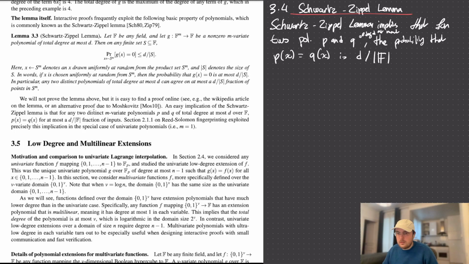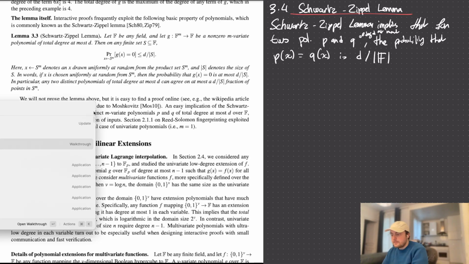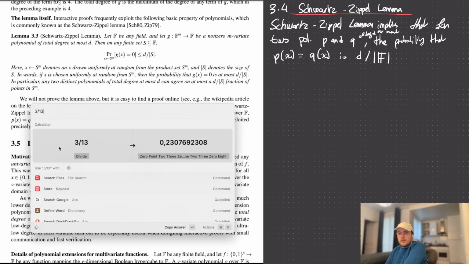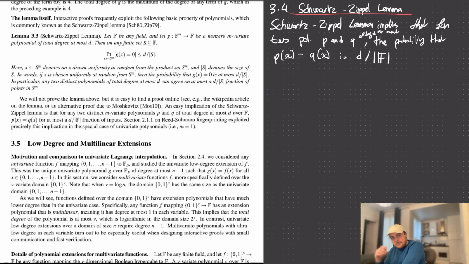So for example, if you have two polynomials of degree 3 and you have a field of size 13, the probability that they agree will be something like 3 out of 13. That's what they're saying, at least.